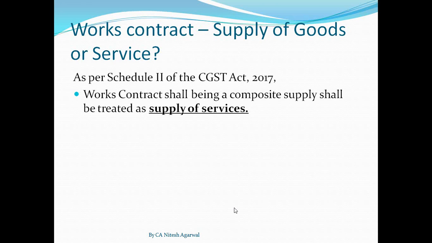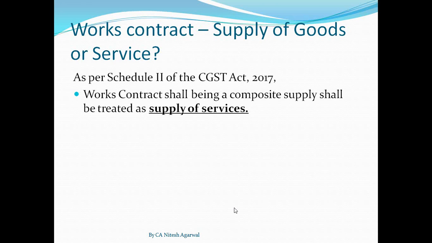So this was always a litigated issue under the earlier tax regimes. So in order to avoid this litigation, the government has specifically said that works contract will always be considered as a supply of service under the GST law. This has been provided under Schedule 2 of the CGST Act 2017.